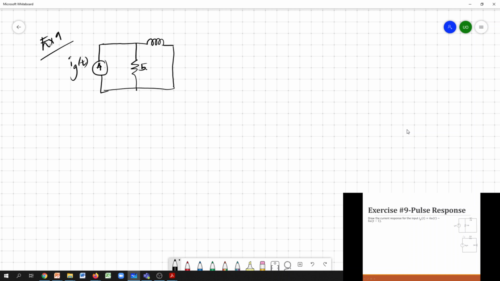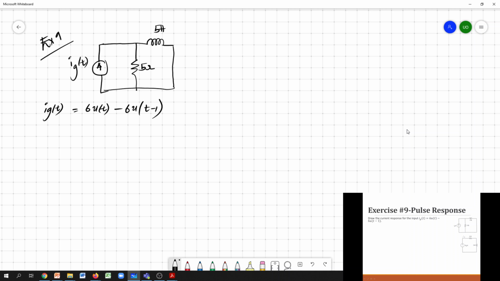This is 5 ohm and this is 5 Henry. First you are asked to draw the current response i_g(t) as 6 u(t) minus 6 u(t minus 1).